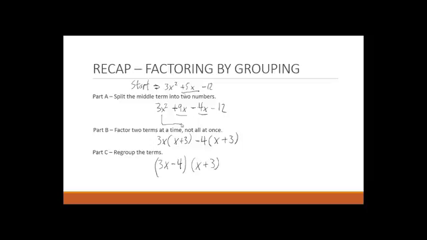We factor the first 2 terms together, and factor the second 2 terms together, writing the common factor on the outside, and whatever's left in the parentheses. And then we just regrouped the outside terms into their own parentheses, and then write whatever's left over.